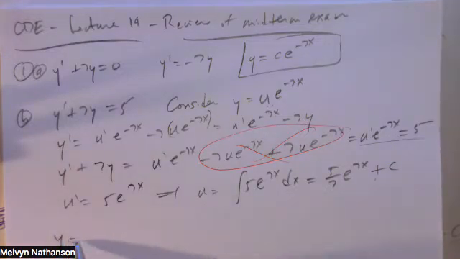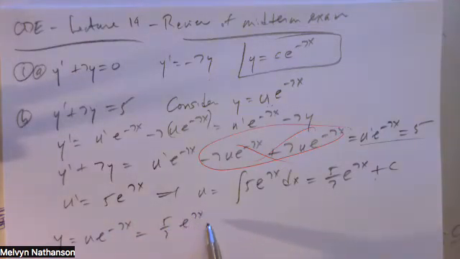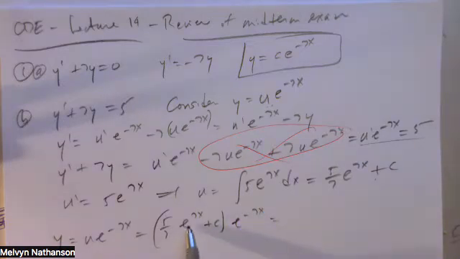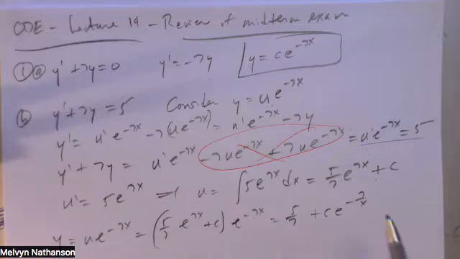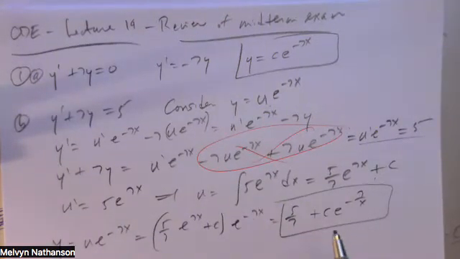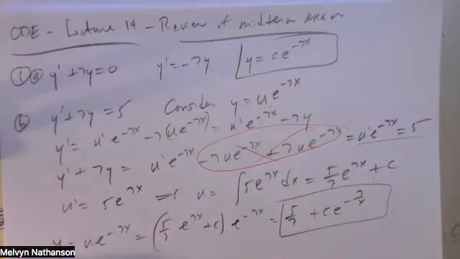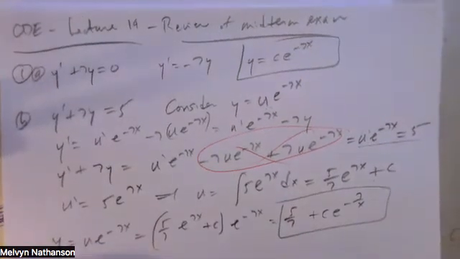And so y, which is u e to the minus 7x, is 5/7 e to the 7x plus a constant times e to the minus 7x. e to the plus 7x times e to the minus 7x, that's just 1. So this is 5/7 plus c e to the minus 7x. And that is the general solution of the inhomogeneous equation.